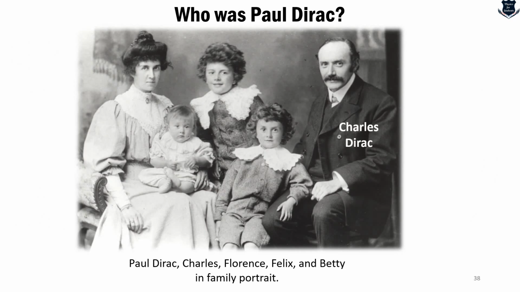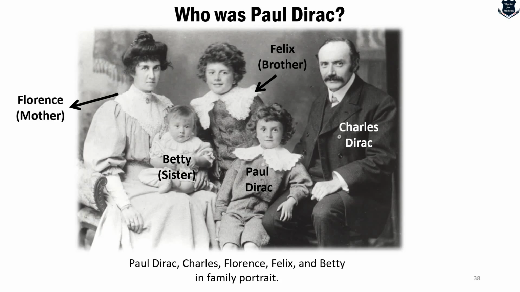This is Charles Dirac, his father. This is Paul Dirac. This was his brother, Felix, who unfortunately committed suicide. This was his sister, Betty, and this was his mother, Florence.